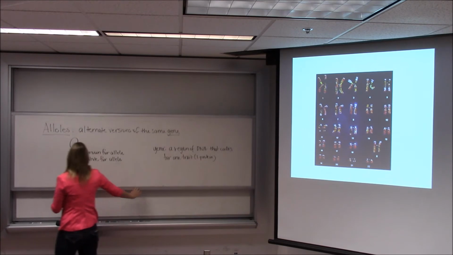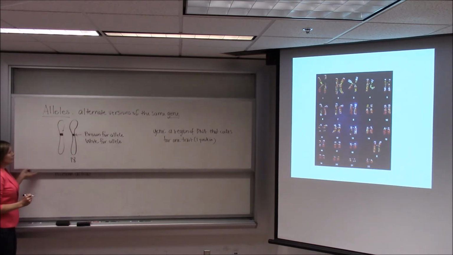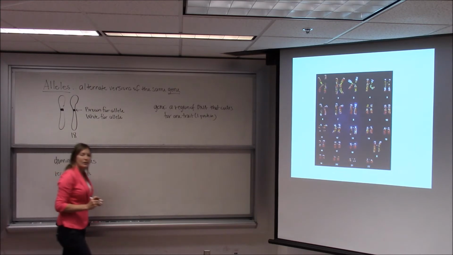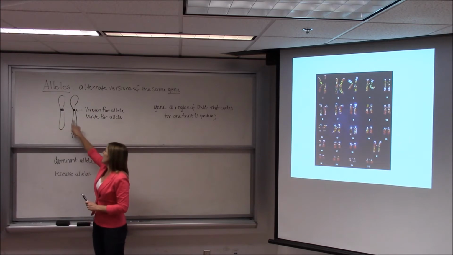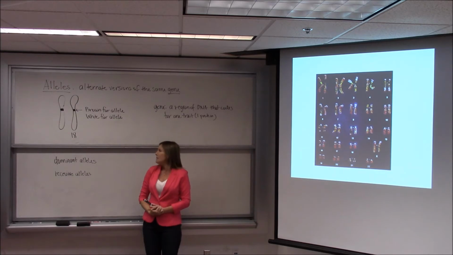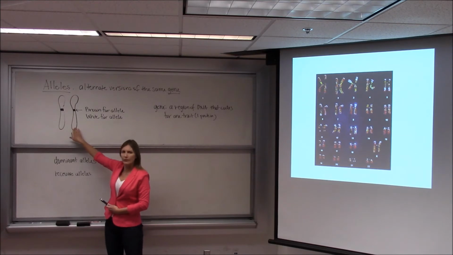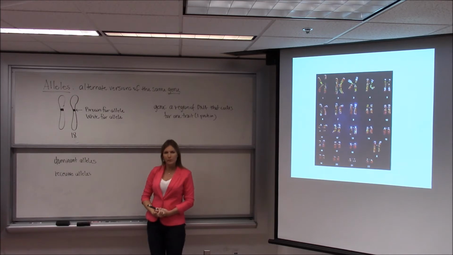So this hamster got one chromosome 18 from mom and one chromosome 18 from dad, and he's going to have that fur allele in the same location on both of those chromosomes. And he has three possibilities. Maybe he inherited brown fur allele from both parents. Maybe he inherited one of each, brown from one parent and white from the other. Or maybe he inherited two white fur alleles.